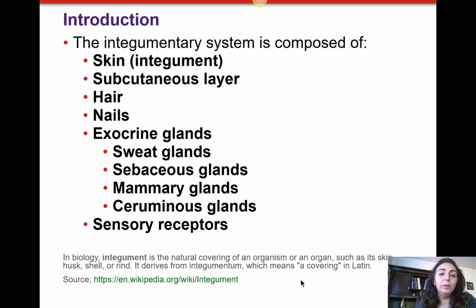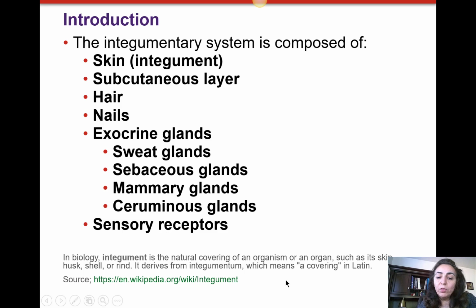So as you see here again, the integumentary system is composed of skin. The skin by itself is named integument. As I explained here in this lower part, in biology, integument is the natural covering of an organism or an organ, such as its skin, husk, shell, or rind.